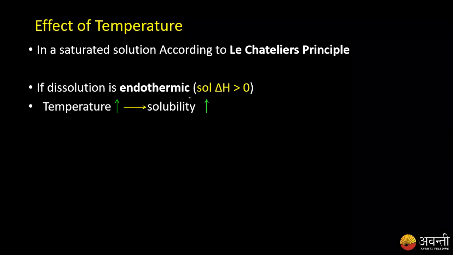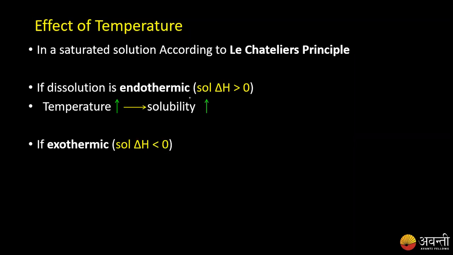Now, in the exothermic process, when delta H is less than 0, when you increase the temperature, the heat is getting higher. Exothermic means heat is releasing, so going forward is not a way.